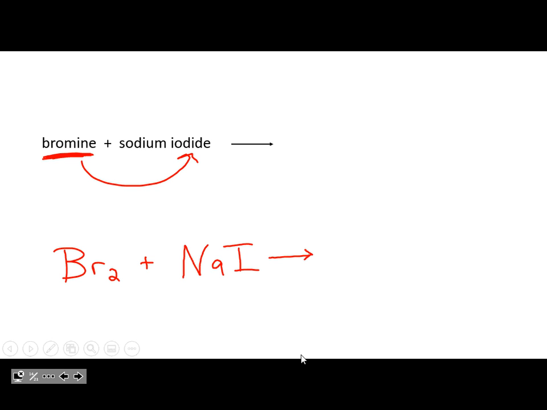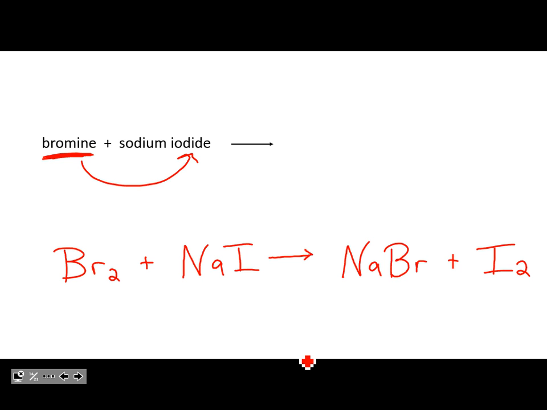So we're going to get sodium bromide, and our new halogen is going to be iodine. Once again, remember, iodine's a super 7.